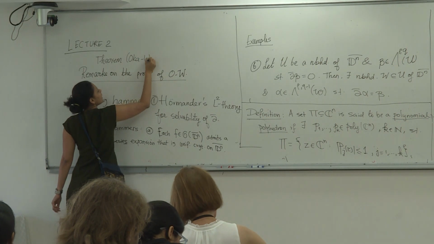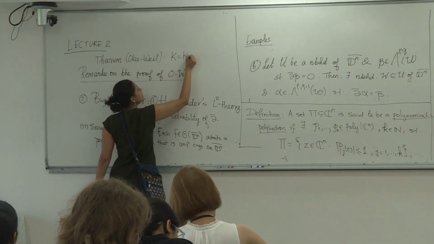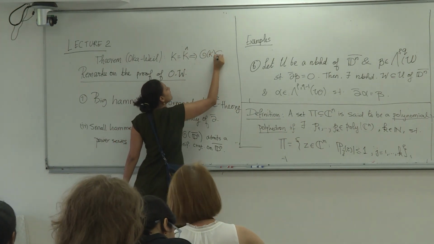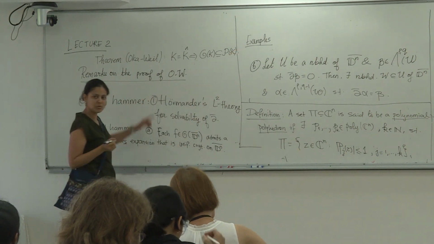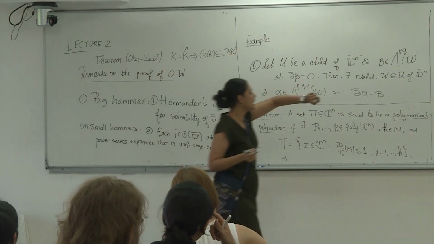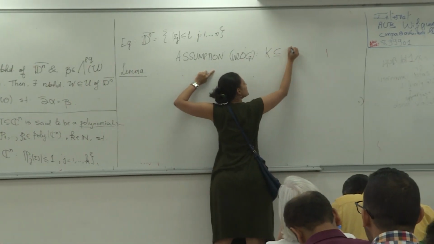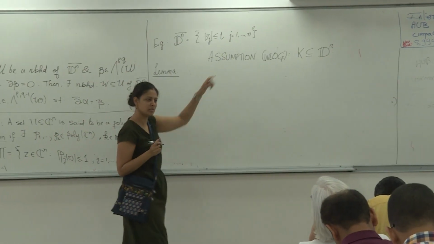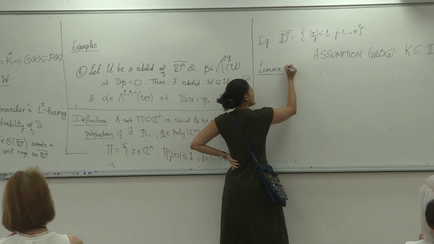We are trying to prove Oka-Weil, this version, that if k is equal to k hat, then O of k is in P of k. So I have this underlying compact set, and without loss of generality, I'm going to assume that it is always contained inside the open unit polydisk. You can think about why this can be assumed. Okay, so lemma 1.